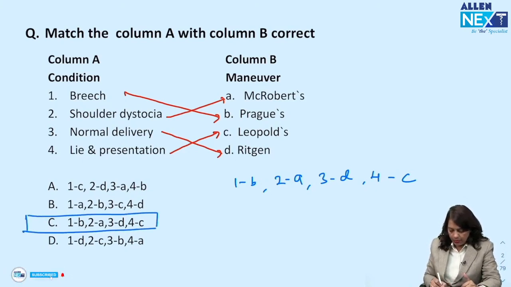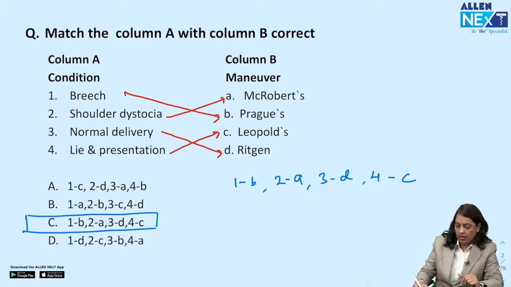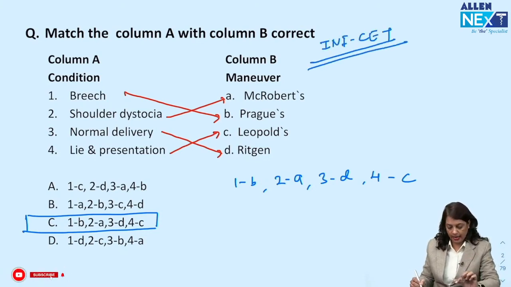It is 1B, that is breech for Prague, shoulder dystocia for McRoberts, normal delivery for Ritgen, and lie and presentation is Leopold's maneuver. So such questions are very commonly asked in the INI CET exam.